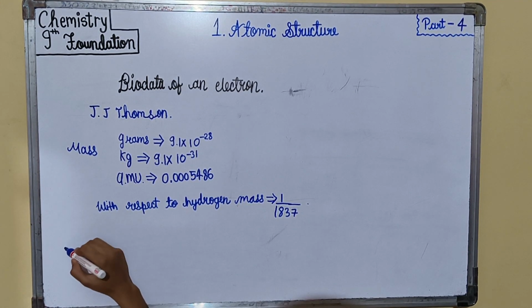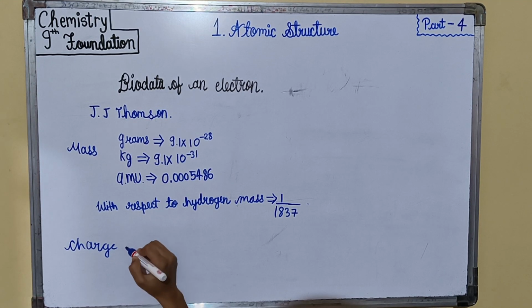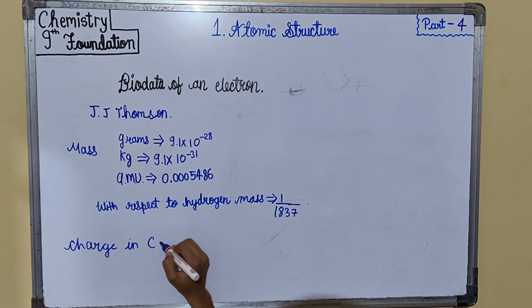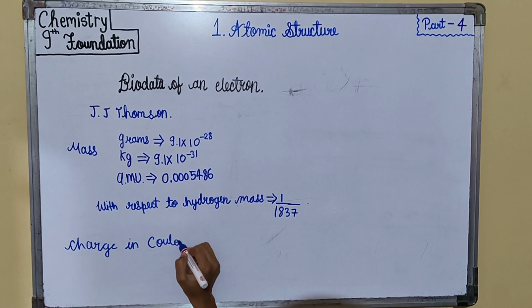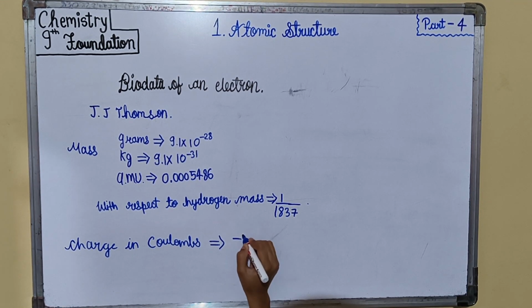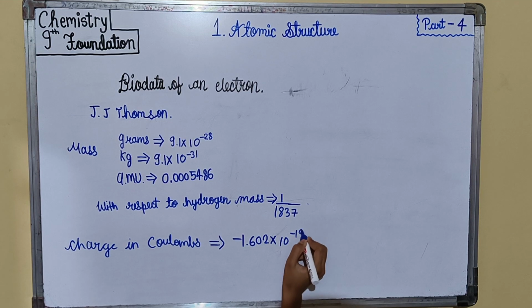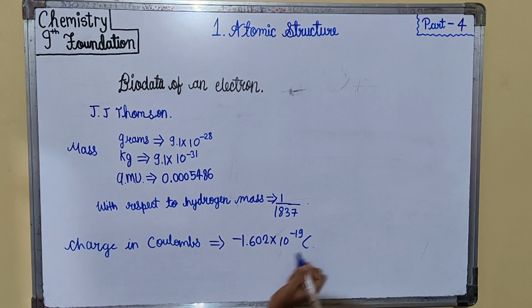Then charge in coulombs. Charge in coulombs is minus 1.602 into 10 raised to minus 19 coulomb. Then relative charge.